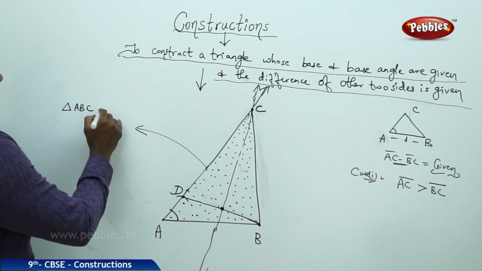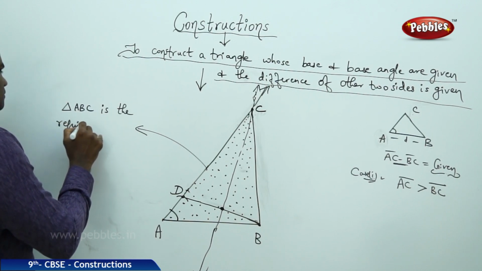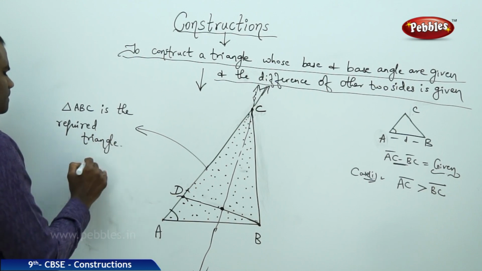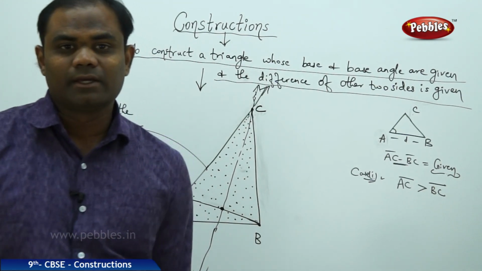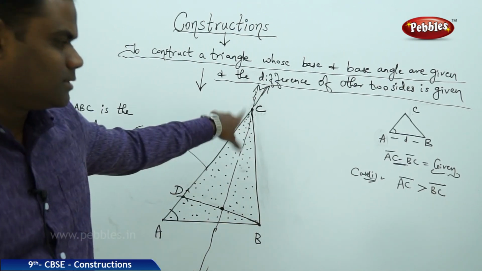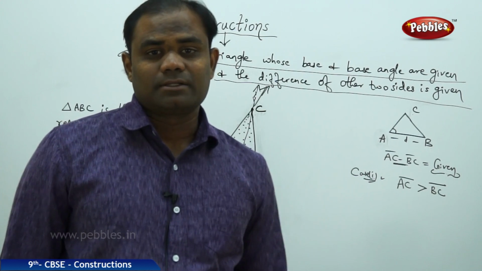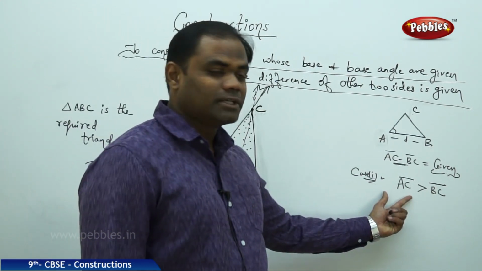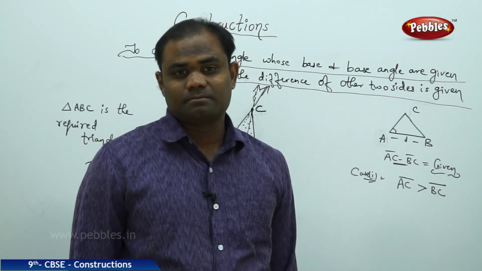This is the required triangle; this is how we identify the triangle ABC with the base angle and the difference of two sides as given, with case 1, AC assumed to be greater than BC.